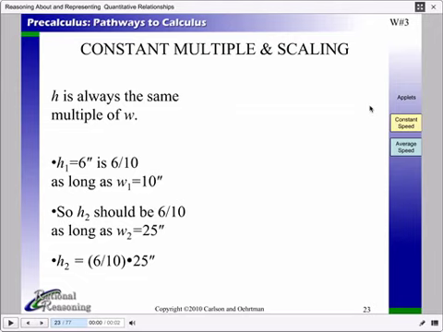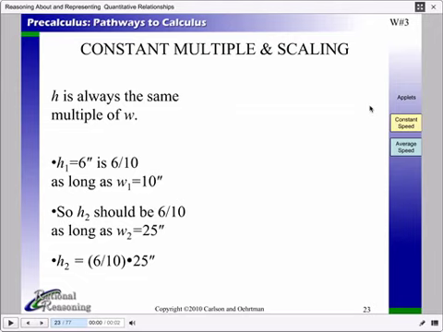Look, we're taking 25, is that a width or a height? A width. We're multiplying it by this number 6/10, and we're getting what? Height. Is that scaling factor or constant multiple? It's constant multiple. Constant multiple is the number that, if you multiply one quantity by it, gives you the corresponding value of the other quantity.